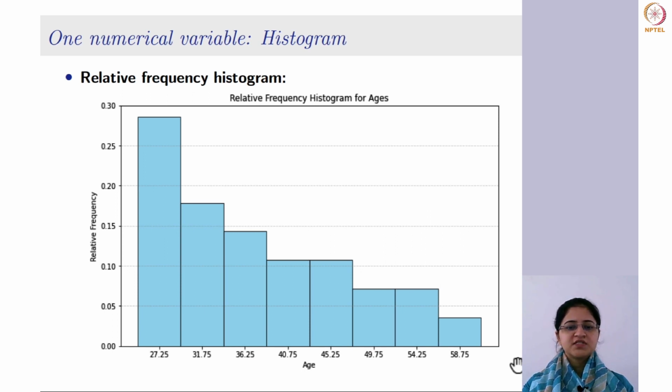And it also has a single mode. This is the peak at which it is occurring. So the maximum mode means that it has the maximum number of points at this interval. And that is true, because we have seen that it has 8 individuals in this particular category. So mode is over here. So it is unimodal, and it is right skewed.